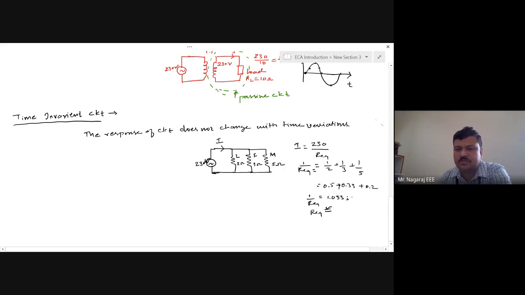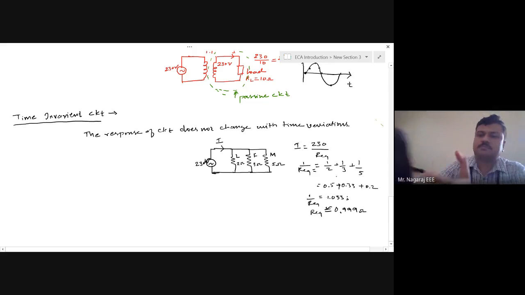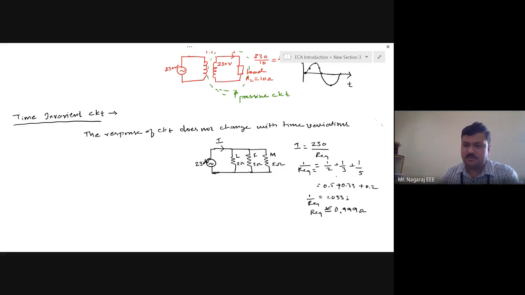Somewhere near 1 only, 0.97 ohms. Now what is the current drawn today morning when I turned on lamp, fan and motor?